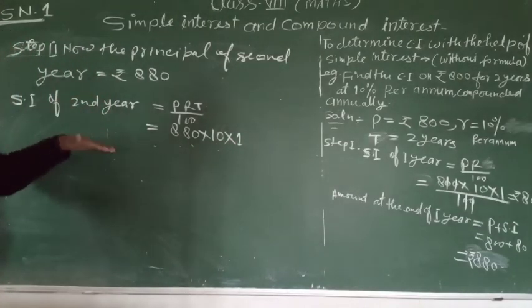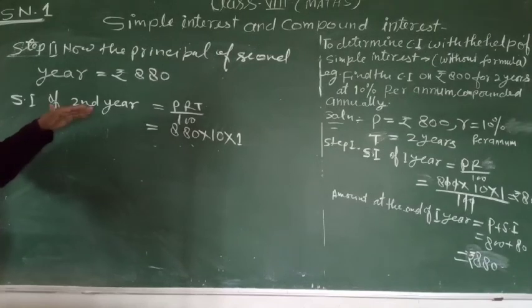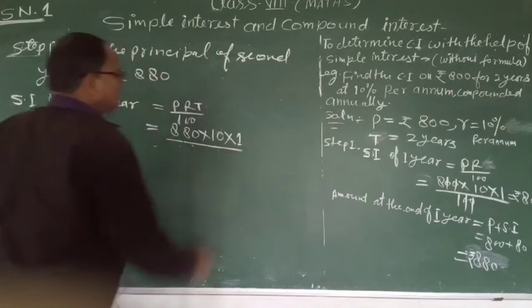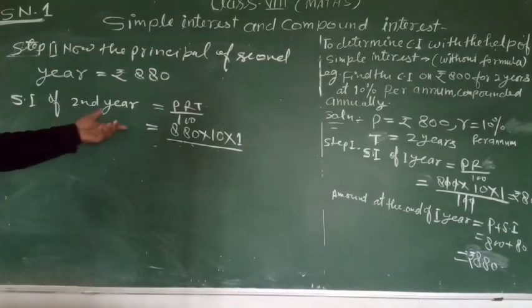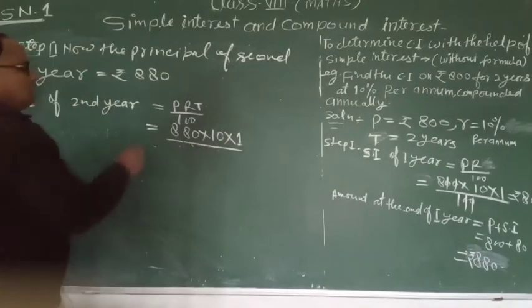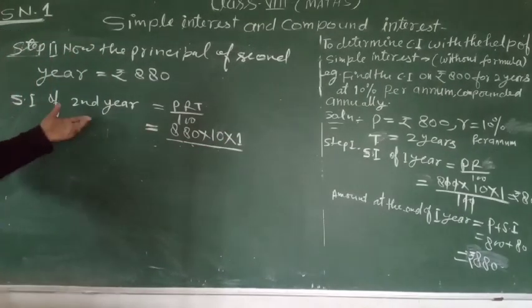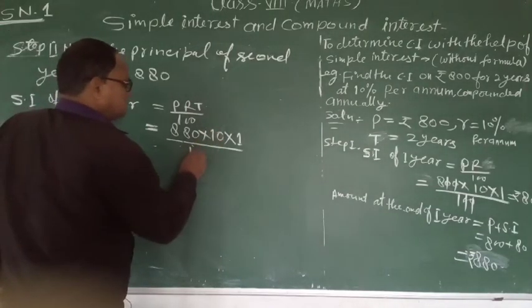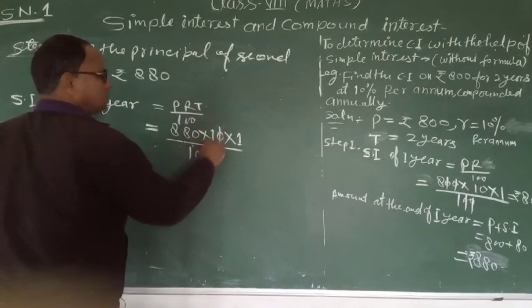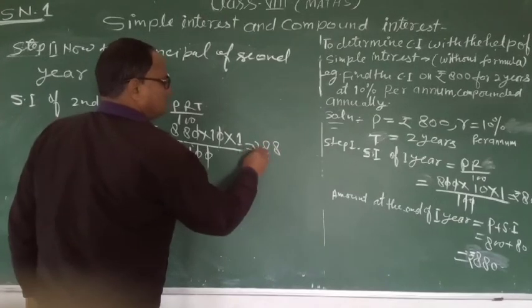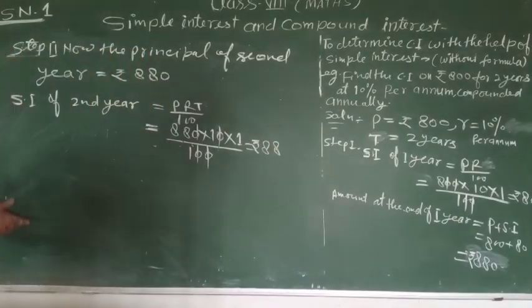Step wise 1 year first and second, third year. 1 year simple interest we determine. Here write simple interest of each year step wise. After this, here write 100. 0 cancel 0 and 0 cancel 0. Thus we get 88 is the simple interest of second year.